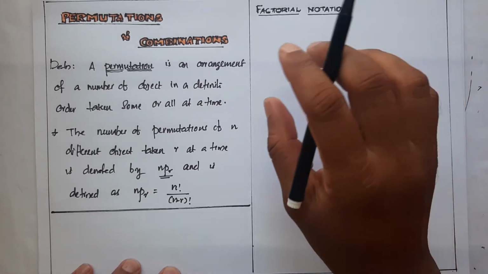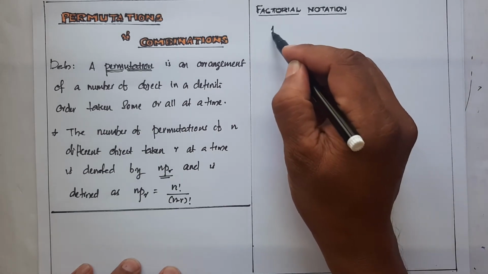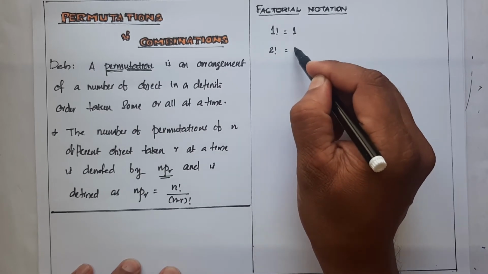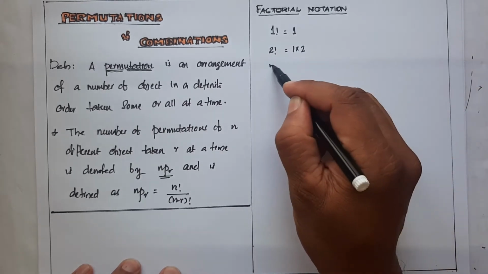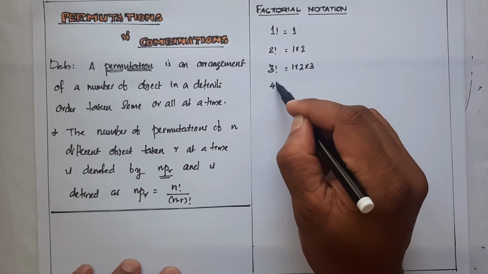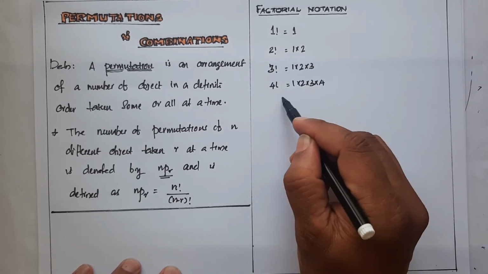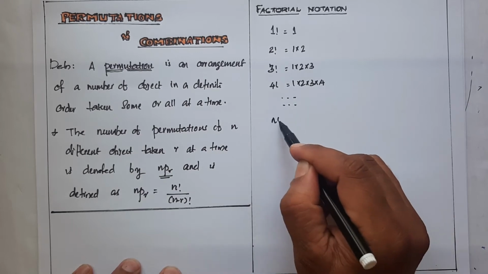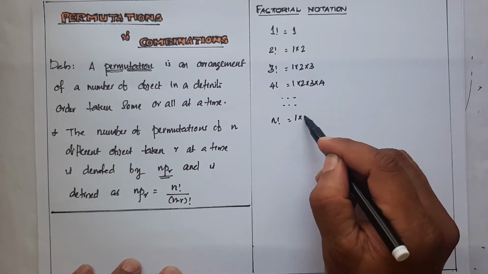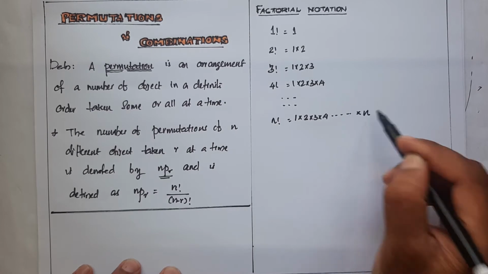Factorial notation means the product of consecutive numbers. That is, 1 factorial means 1, 2 factorial means 1 into 2, 3 factorial means 1 into 2 into 3, and similarly 4 factorial is 1 into 2 into 3 into 4, and so on. And n factorial means the product of n consecutive numbers, that is 1 into 2 into 3 into 4 and so on up to n.